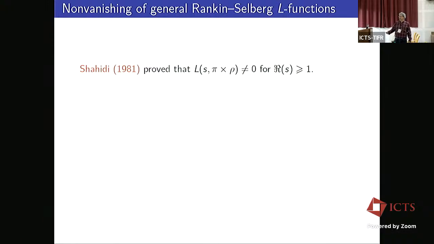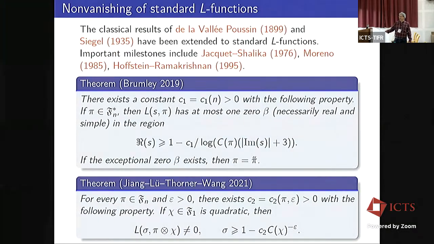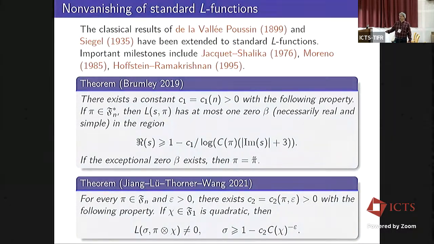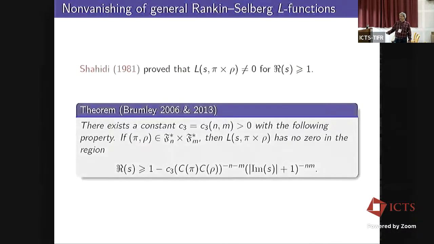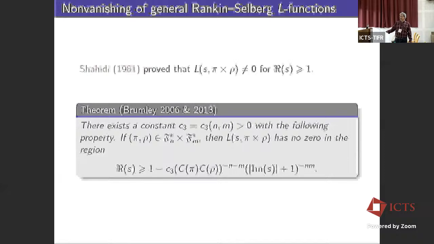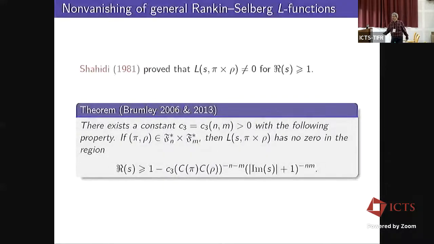You see, unlike in the previous case when we took the logarithm of the conductor and the imaginary part of s, here we take a large power depending on the degree of the L functions, the conductors, and also the imaginary part of the variable. So this is very far from being a standard zero-free region, but it's a much stronger result than Shahidi's non-vanishing result.